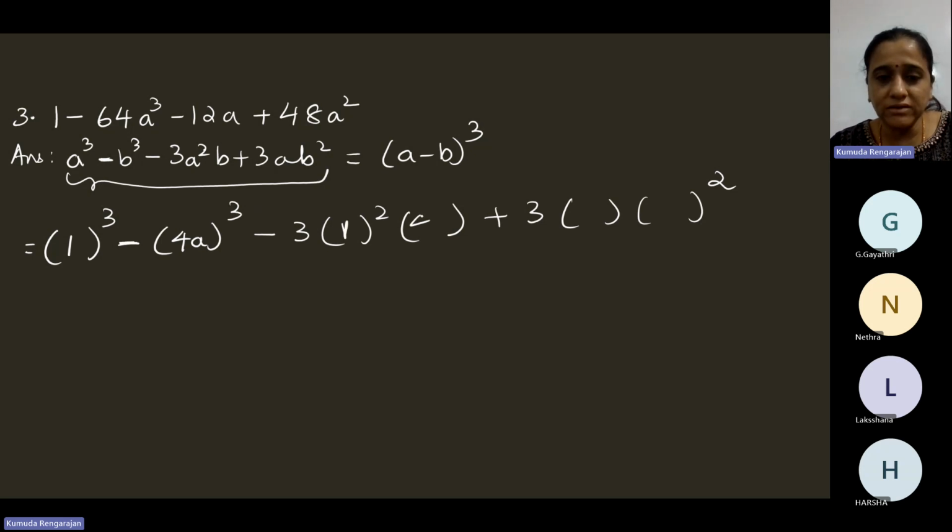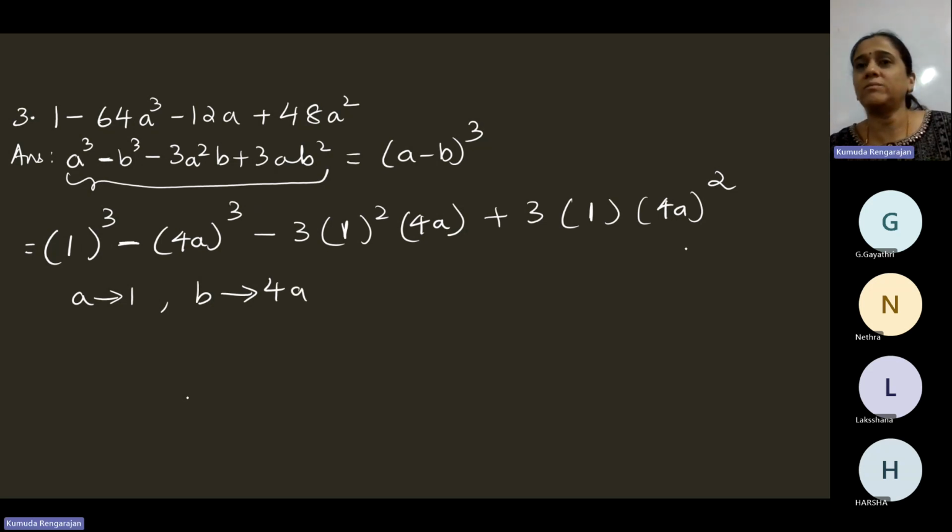A squared B. This is your B. Plus 3A, B squared is there. Don't put a square again here. We have to just fill for A and B. After identifying A and B, just fill them. Blank is left for filling A and B. Now we identified A is 1 and B is 4a. So fill them up in the spaces there.